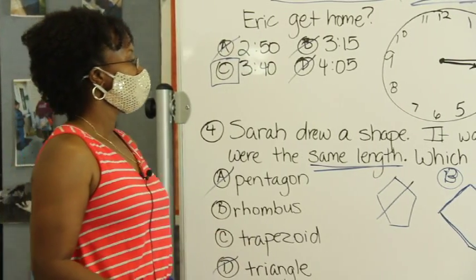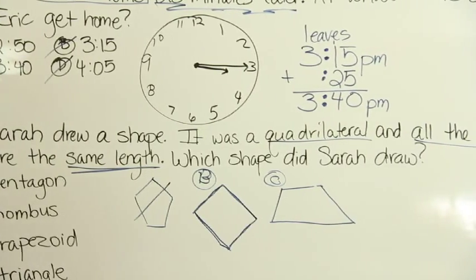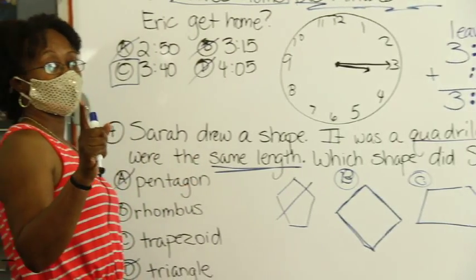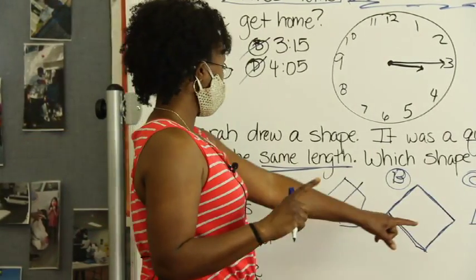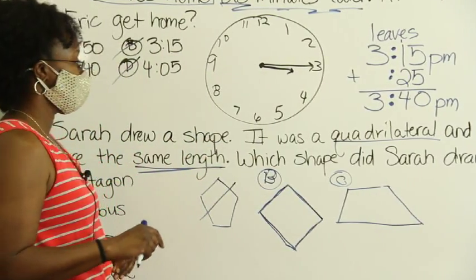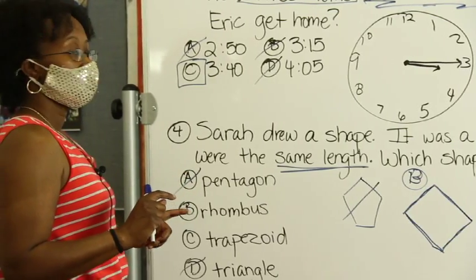The next thing is all the sides are the same length. Now, here is something that you didn't know, probably. You may have, and if you did, very good. With a trapezoid, there is a way to have one where the sides are not all the same length.